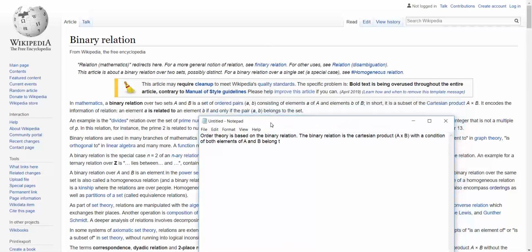So that is the binary relation of the sets. But which set does it belong to? You know that it is over two sets, but which set does the end result belong to? Does it belong to the Cartesian product?